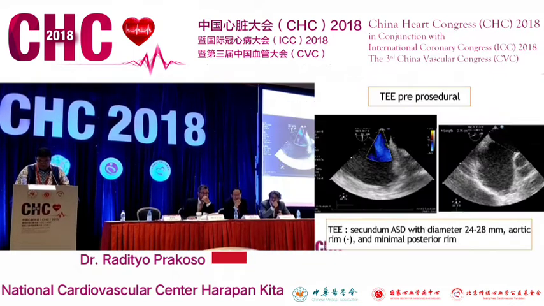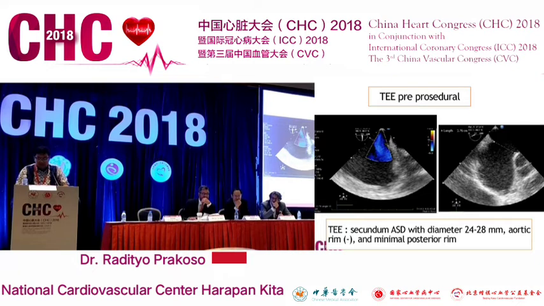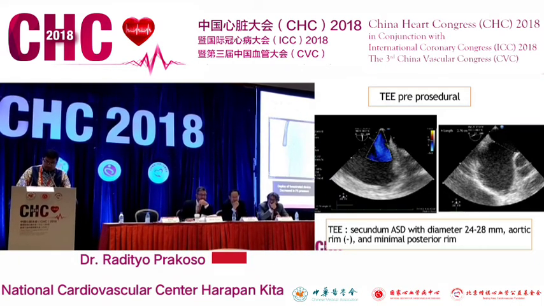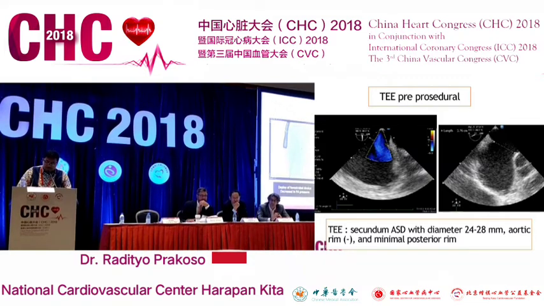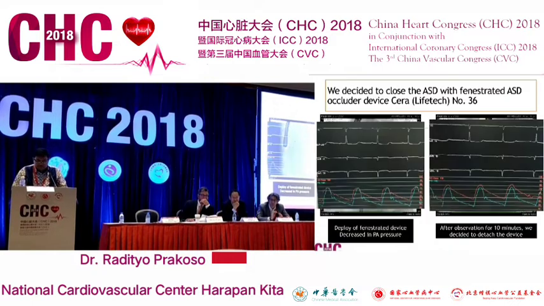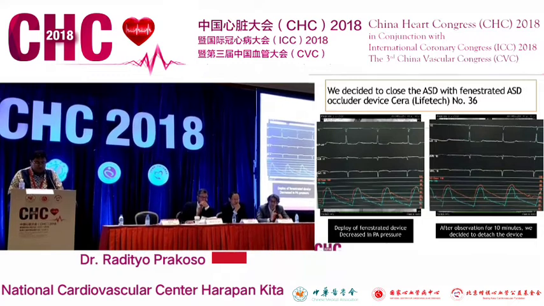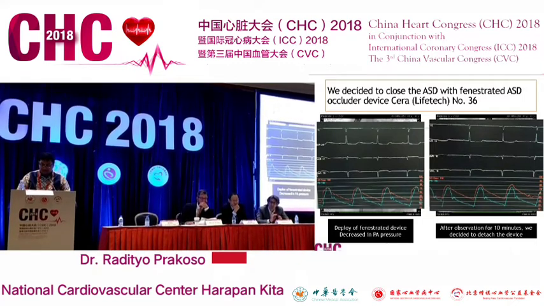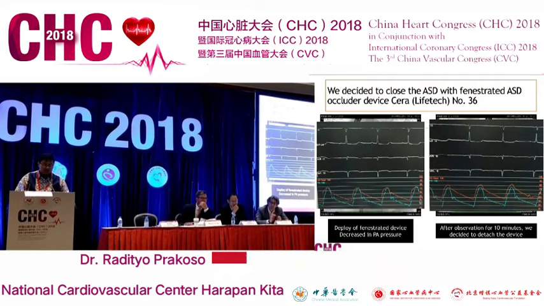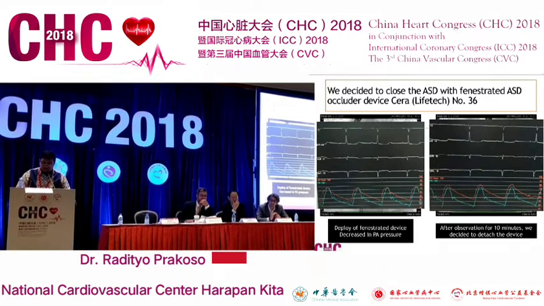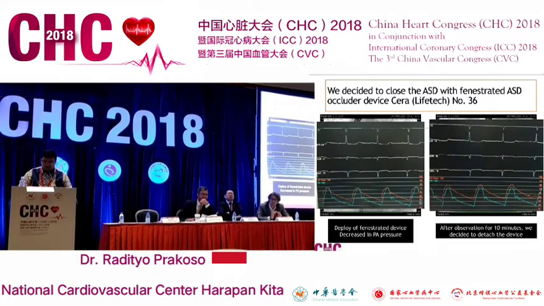And then what should we do? We put again the fenestrated device, and after observation, you can see this is a direct pressure on the left side, and then after 10 minutes, there is an increase in the pulmonary pressure, and also the aortic pressure is increasing. So it is acceptable. So we decided to detach the device.